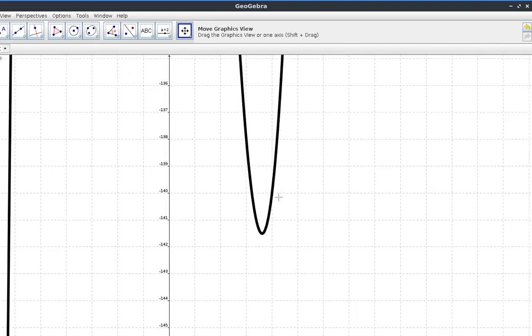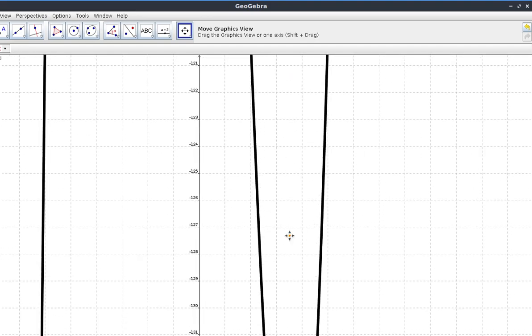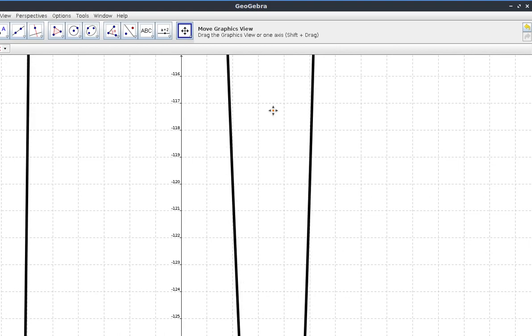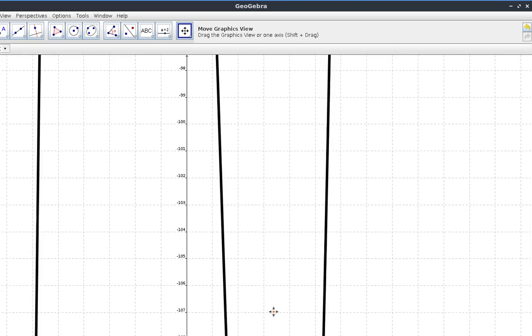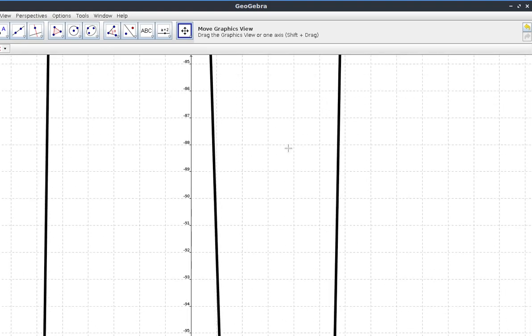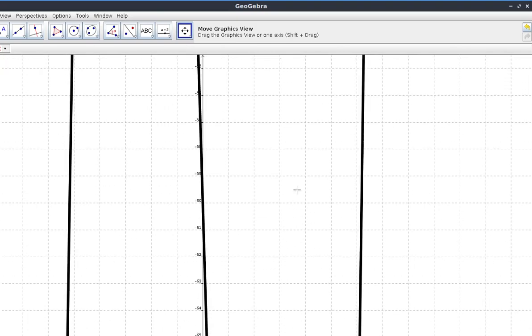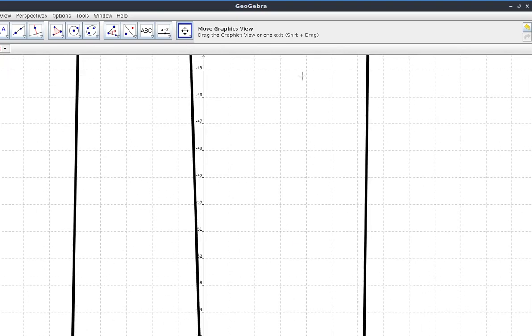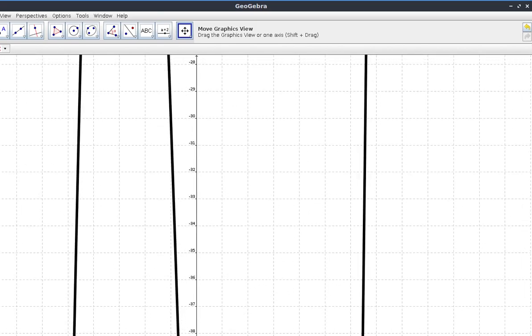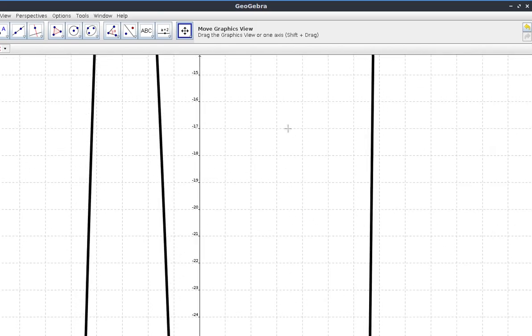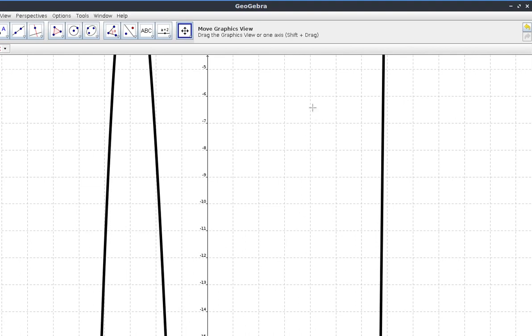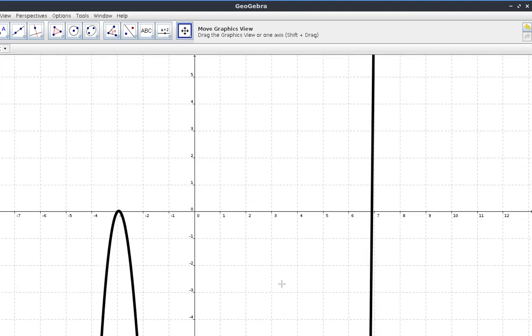But is 3.62 really within this area? It should be between these two lines. Let's go back up to the x-axis and see where this takes us. Right within this area should be 3.62.